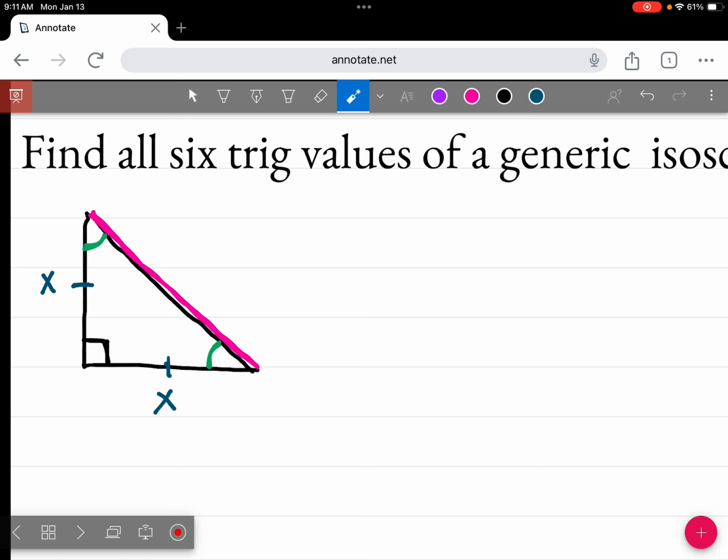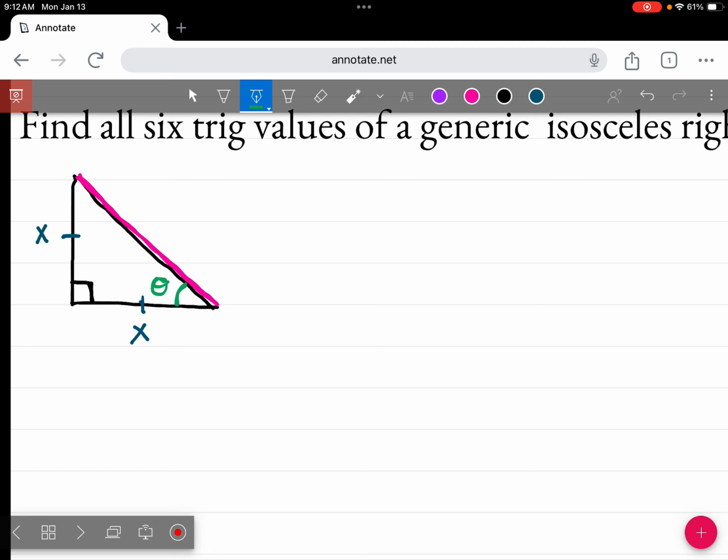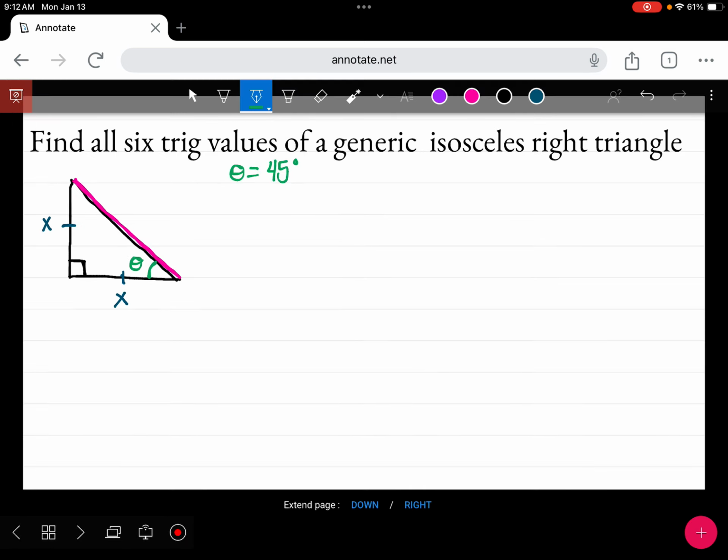Yeah, both of these are going to be 45 because this is a right triangle, so this guy's 90, which means these two guys, when they're exactly the same, are both going to be 45 degrees. So I'm just going to pick the bottom one to use as my theta just so we can think about things the same way. But we also know that our theta is 45 degrees. It just is, because of the fact that it's an isosceles triangle. It's just one of those little things that we know.